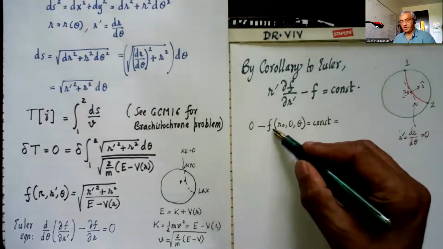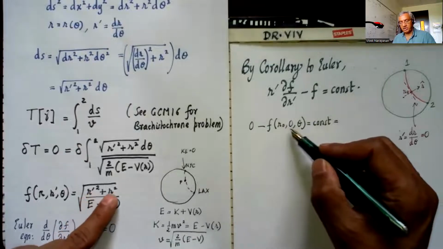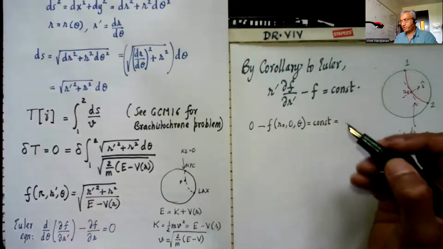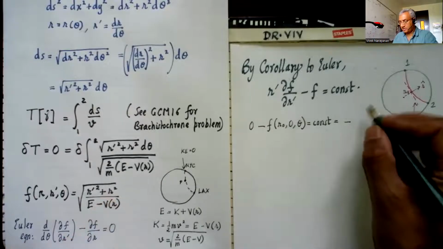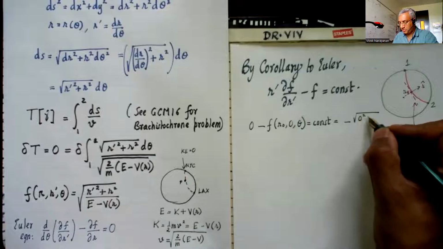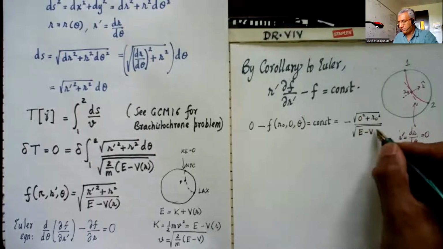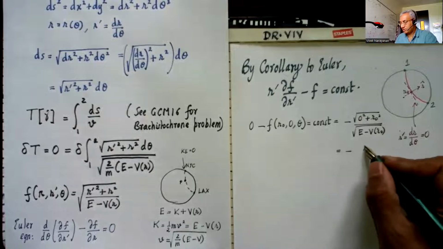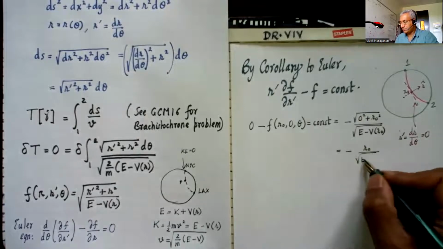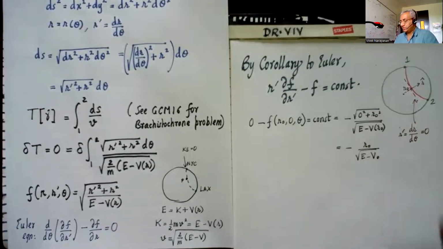If you put the value of f at r prime 0, r naught, and E and V of r, I get negative square root of 0 squared plus r naught squared divided by the square root of E minus V of r naught. So that's our constant. We have determined the value of the constant, so it's just negative r naught over the square root of E minus, I'm going to call V of r naught V naught. It's the potential at the lowest point.